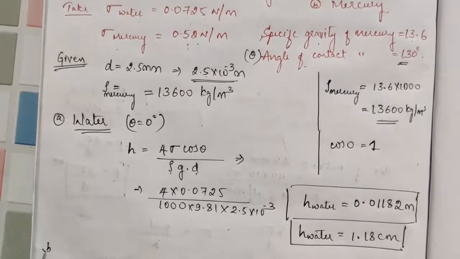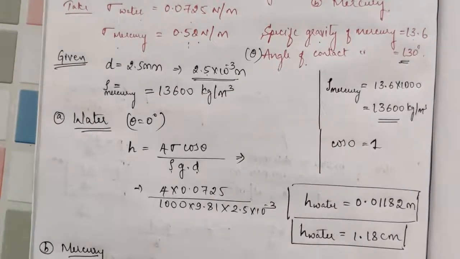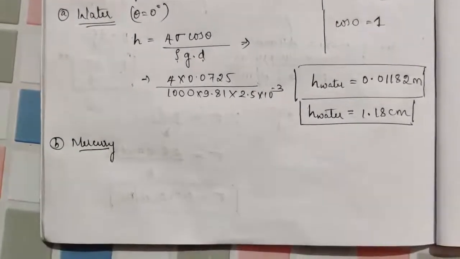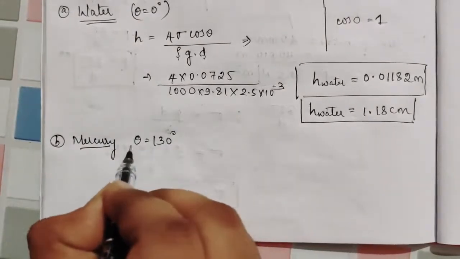Now for mercury. For mercury, theta is given as 130 degree.